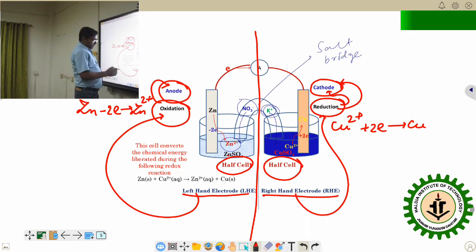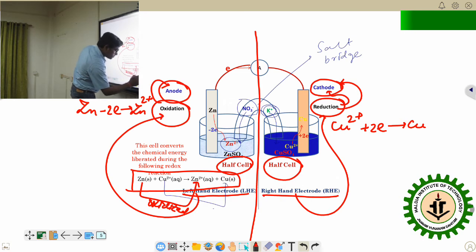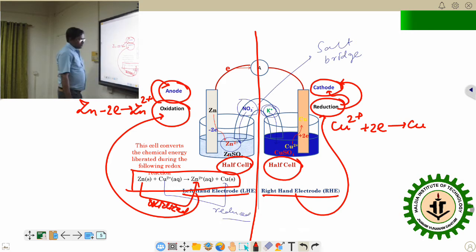In this cell, what is the total reaction taking place over here? Here we see zinc is oxidized, and here we see copper is reduced. So basically it is a very important application of oxidation and reduction reactions.